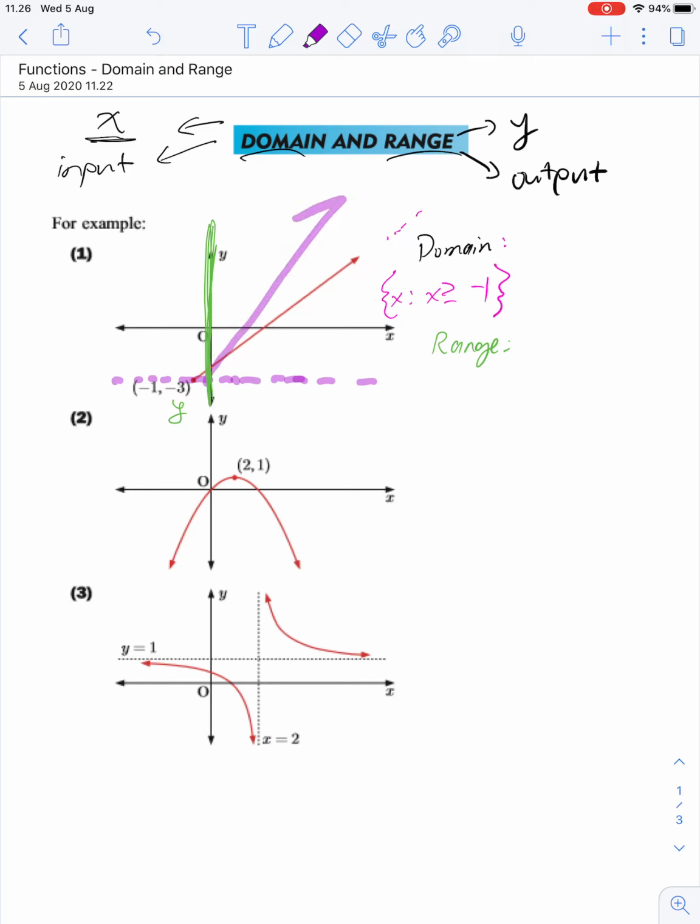It goes up and to the right. So that means y, or our range, will always be greater than or equal to -3. The way we write that: curly brackets, the set of y values such that y is greater than or equal to -3.